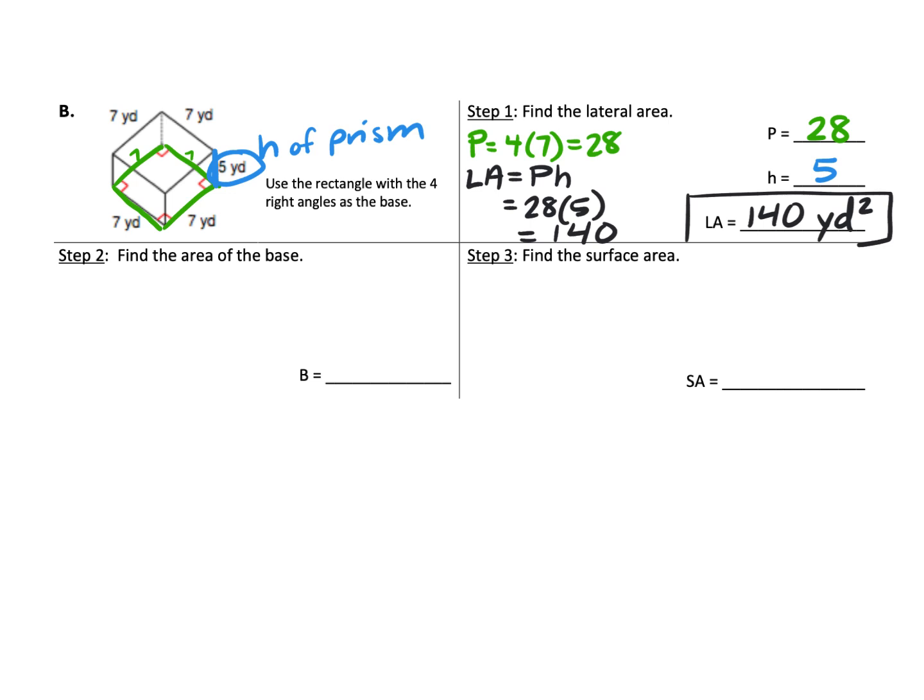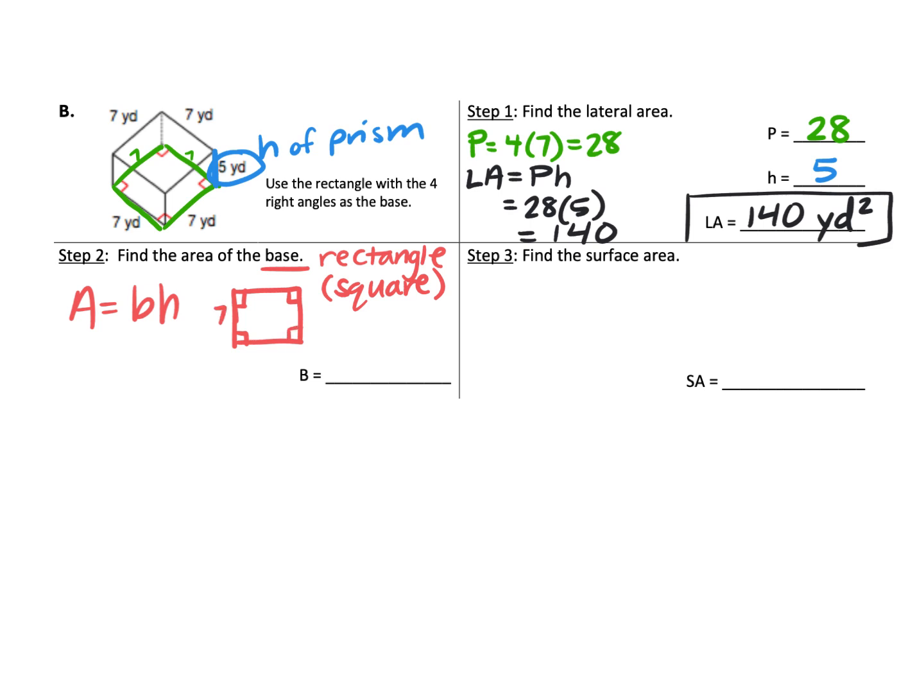Next up, let's find the area of the base. Here, the base was a rectangle. Technically, it's a square, but the same formula works for rectangles and squares. Area is just base times height. And remember here, I am only looking at the two-dimensional rectangular base. So the height is going to be different than the height of the prism that we used in step 1.